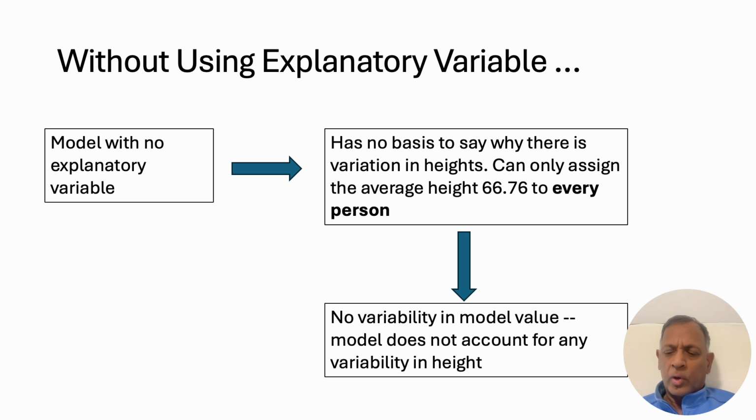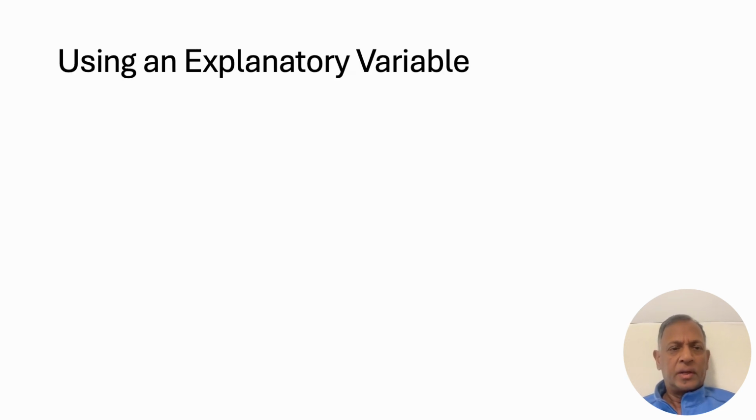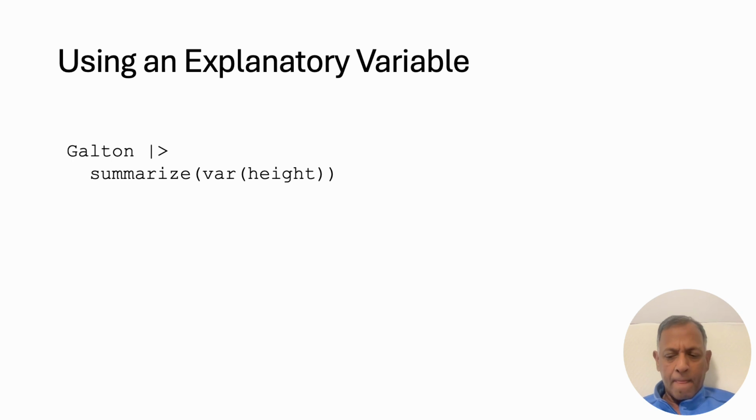Therefore there is no variability in the model value, and the model basically says, look, every person should have the same model value. So we are seeing variability, but the model says, according to me, everybody should have the same value. So the model is not explaining any of the variability in the height. When you have a model with no explanatory variables, then obviously the model doesn't explain any variation.